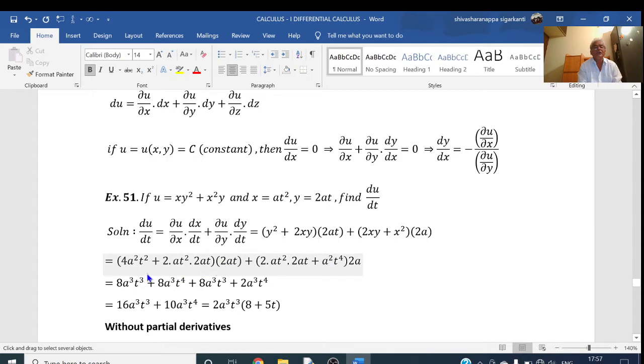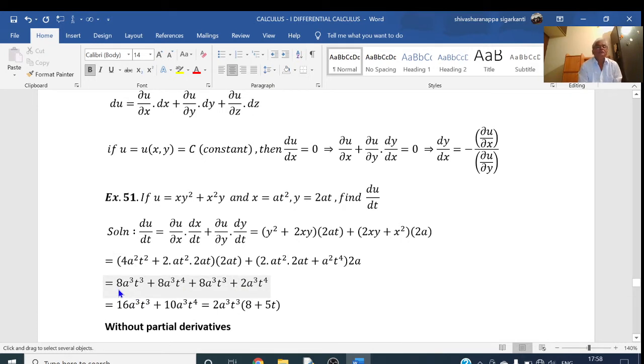Now simplifying, multiplying this here, this into this is 2 into 4 is 8, a cube t cube, plus this into this is 2 into 2 into 2, 8, a into a into a is a cube, t square into t is t to the power 4, plus here 2a into this term, 2 into 2 into 2, 8, a cube, t square into t is t cube, 8a cube t cube, plus this term into this term, this is our 2a cube t raised to 4.